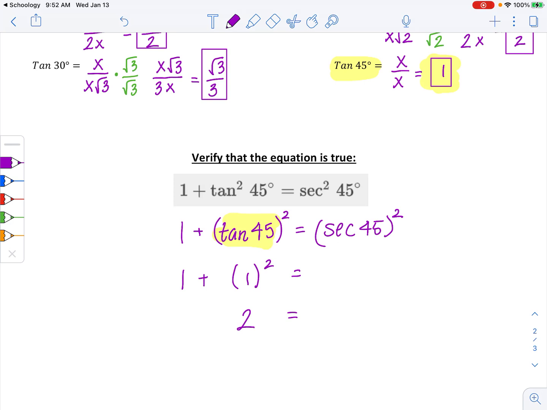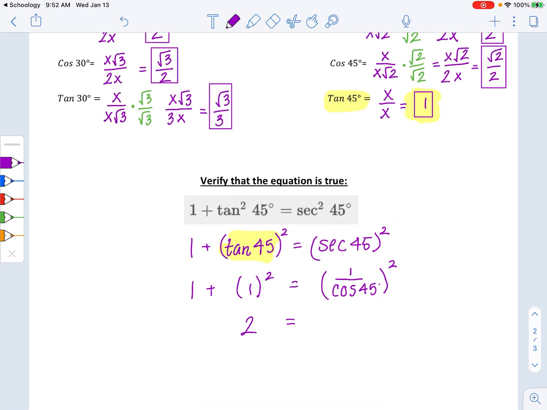Let's think of what we know. Secant is really 1 over cosine of 45 degrees. Do I know cosine of 45 degrees? Yes, I do. Right up here, it's root 2 over 2. So it's 1 over root 2 over 2. And you're instantly like, this is messy.